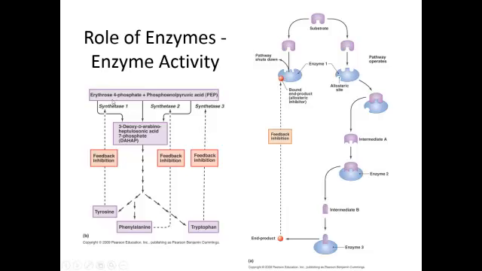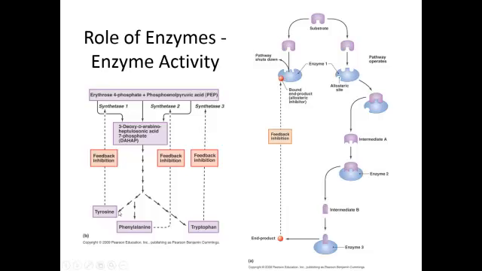Now, here is an actual example of some metabolic pathways that are involved in making different amino acids. We have tyrosine, phenylalanine, and tryptophan. So you take erythrose 4-phosphate and phosphoenol pyruvic acid, or PEP, and you have different enzymes that can take these, mess things around, and make these 3 amino acids.